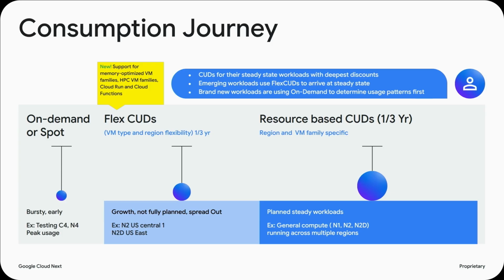And that's where you get into the 1 year and 3 year commitments with committed use discounts. But if your workload is still growing and you want the flexibility to switch between different machine families, let's say between N2 to N4, that's when you use things like flexible committed use discounts or flex CUDs.